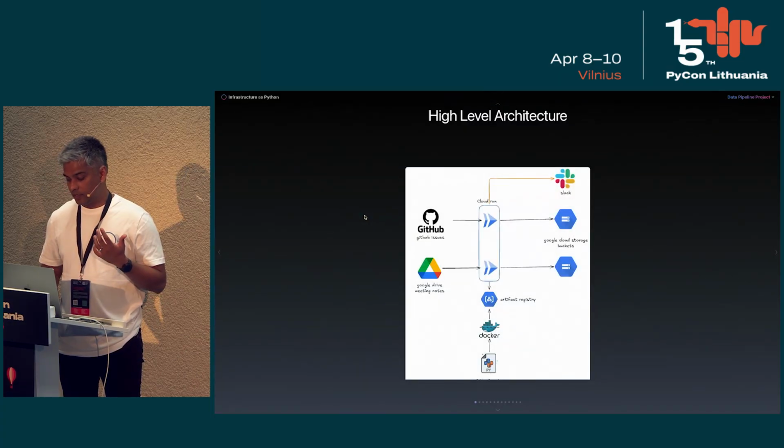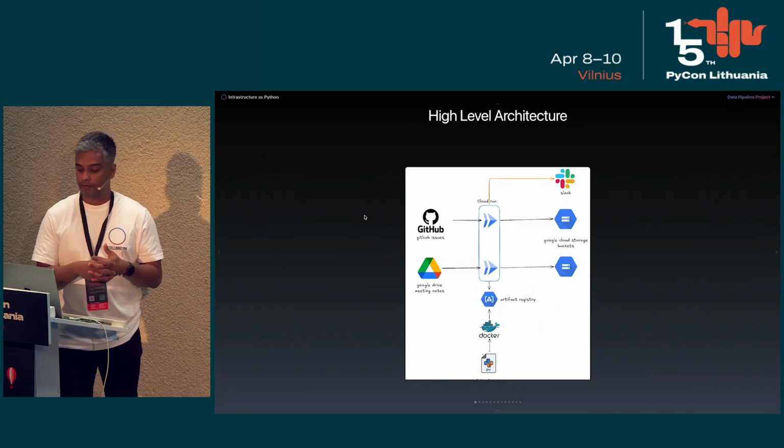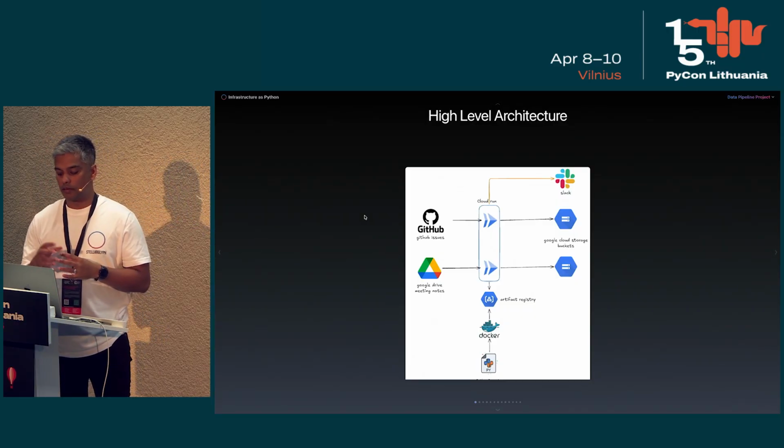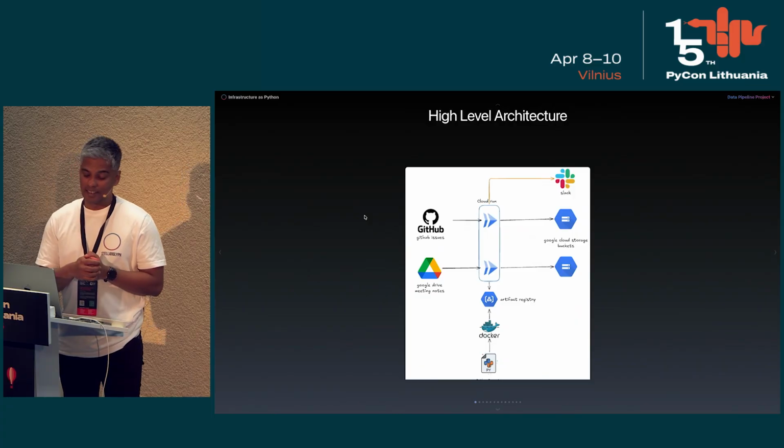So this is a subset of a larger project that we have, and the idea here is we want a couple of pipelines to move and transform data from GitHub and from Google Drive. Each pipeline should operate independently.